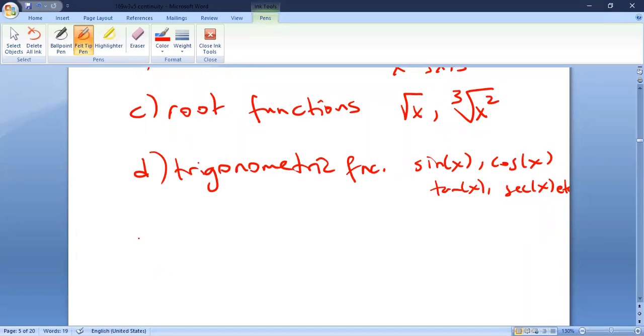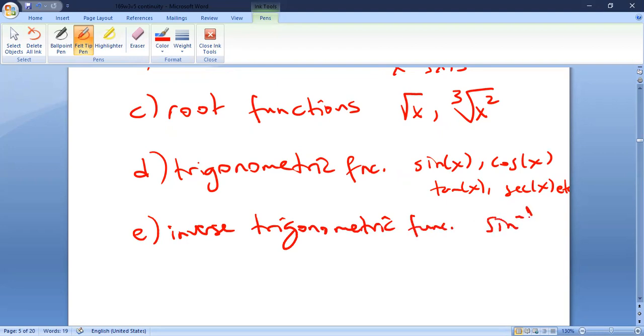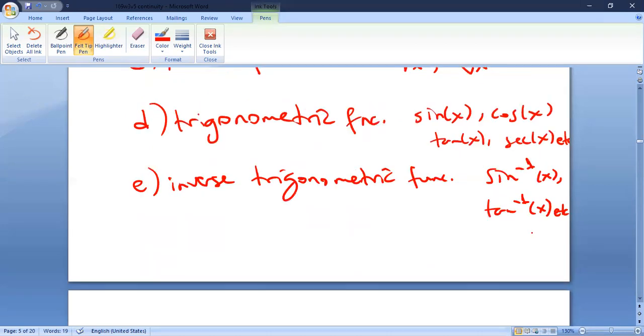Their inverses also, E, inverse trigonometric functions, in their domains, they are continuous. Okay, so we can talk about six inverse trigonometric functions here. And then exponential functions. These are also continuous everywhere.